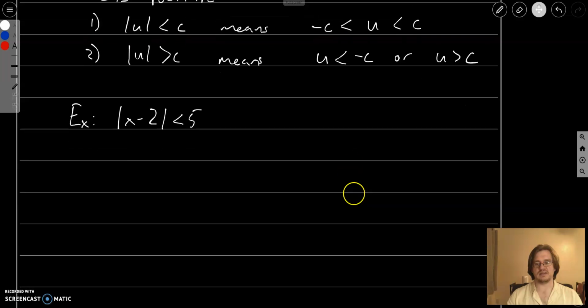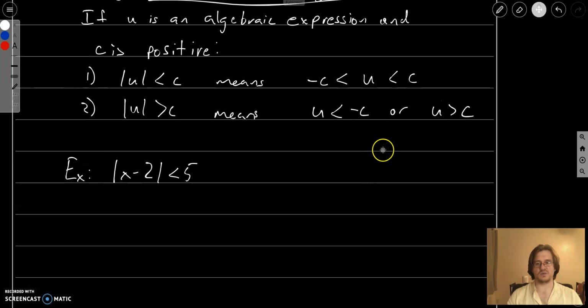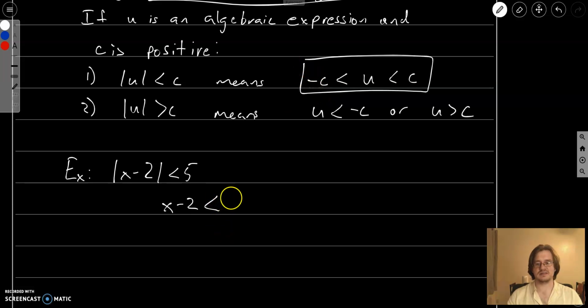So let's apply this. We've got the absolute value of x minus 2 is less than 5. Okay, so the absolute value of something being less than 5, this means that this expression is going to be trapped between c and negative c. So again, the absolute value of x minus 2 is less than 5 means that x minus 2 will be between 5 and negative 5.